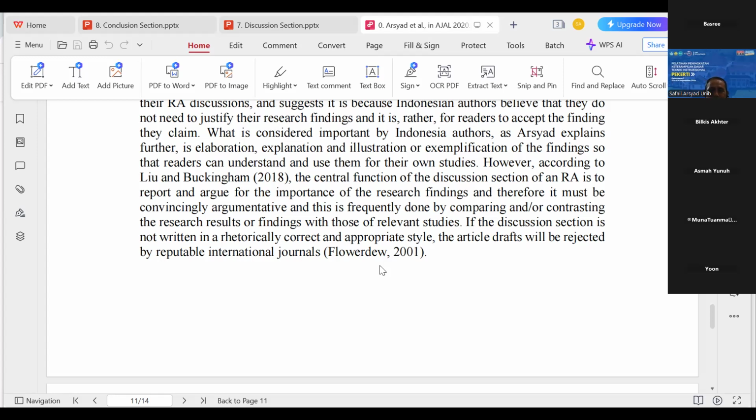We expect that readers who read our articles may read the discussion section, and may cite our research. So if our findings are not interesting, are not new, are not convincing, they may not cite, because they may think that our discussion is weak, not convincing, and why should they cite our findings?